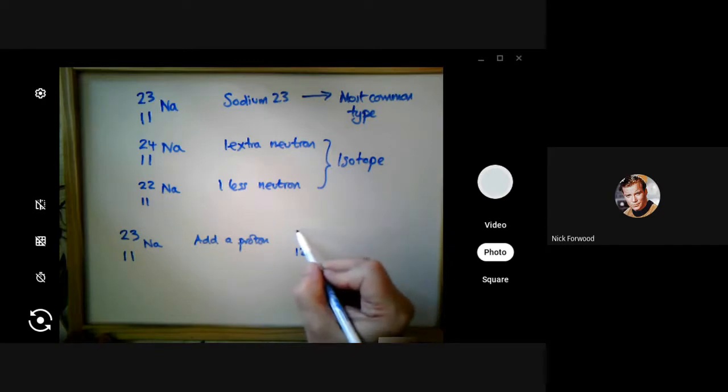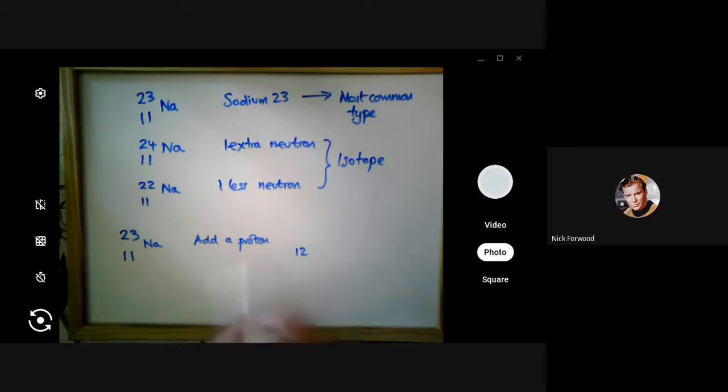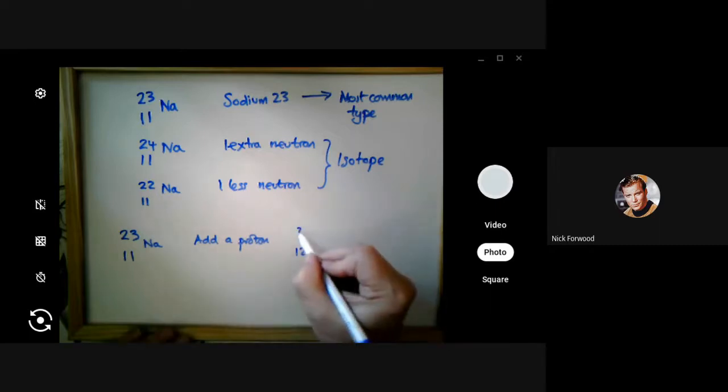And then that element that has 12 protons is no longer sodium, and you'd have to look it up. So we add a proton, that increases that by 1. You could have this number being any number you like, 22, 23, 24. There would be different isotopes of whatever this new material is. So that could be anything you like there.